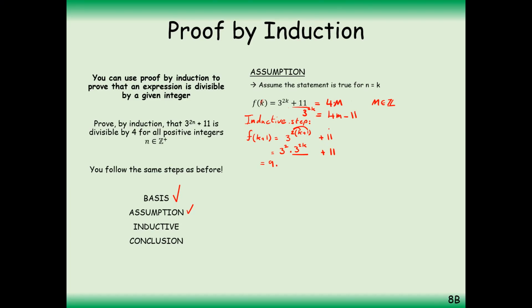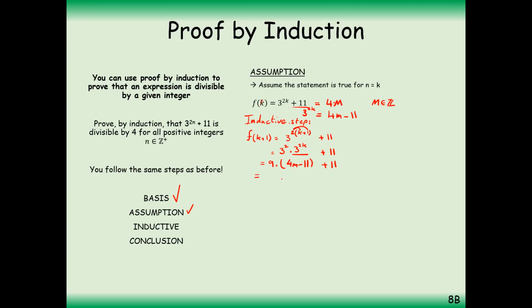So now what we can do is use this 4m minus 11 where I've underlined 3 to the power of 2k. And what I can replace that with is 4m minus 11. And I will continue writing the rest of the formula as it is.